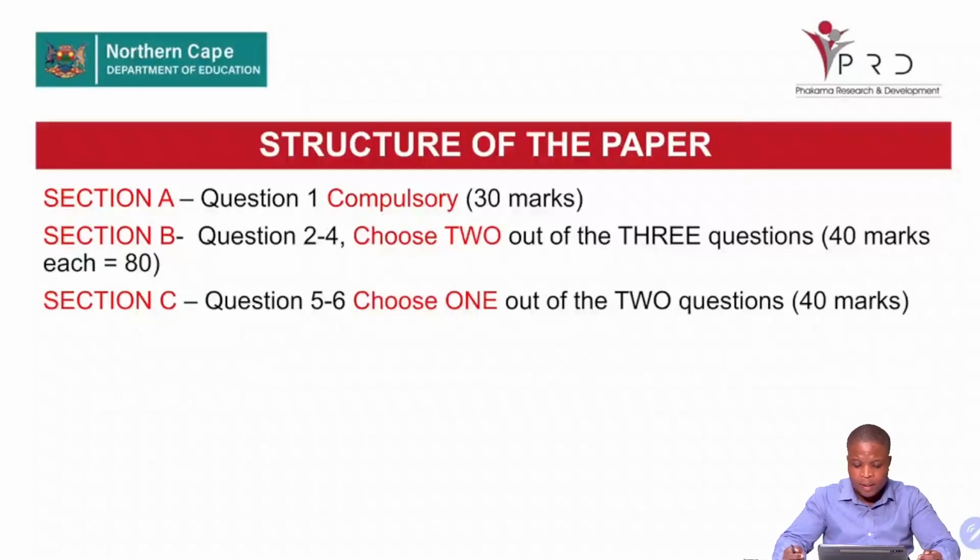Section A is 30 marks, which is your multiple choice, matching columns, and terminology. Section B is 2 that you are answering out of 40 marks each, giving you 80 marks. Section C, you choose 1, which is 40 marks. So when you add the 80 plus 40 plus the 30, you get your 150 marks.